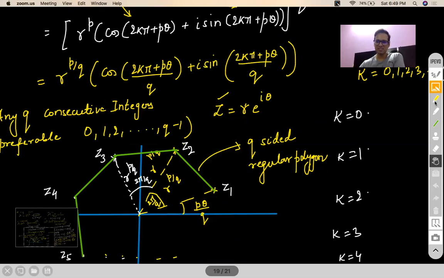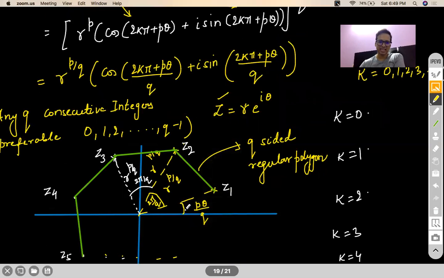The first root will be at an angle of p theta by q. Then you have to keep adding 2 pi by q, 2 pi by q, 2 pi by q, like that. So q is 3 in this case. Ayyo, don't note it wrong. The concept is gone if you're noting things wrong. Ask in case of any doubt. Please ask 10 times, but don't copy anything wrong.